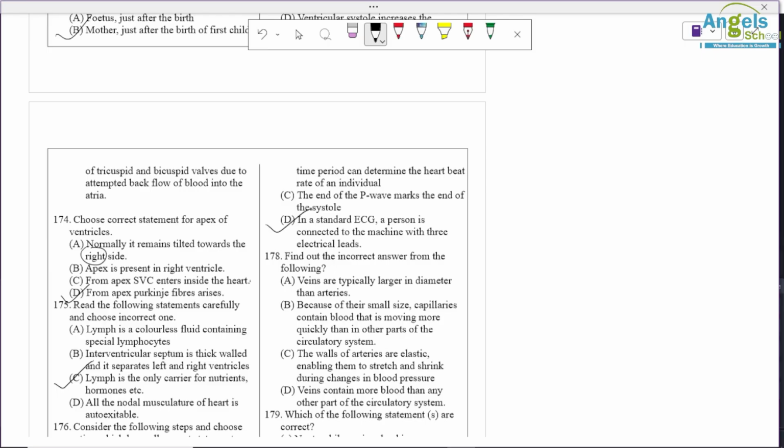178. Find out the incorrect answer from the following. Veins are typically larger in diameter, correct statement, because of their small size and capillary content.